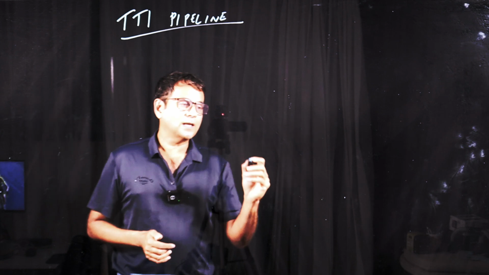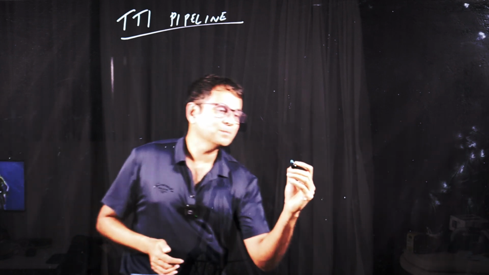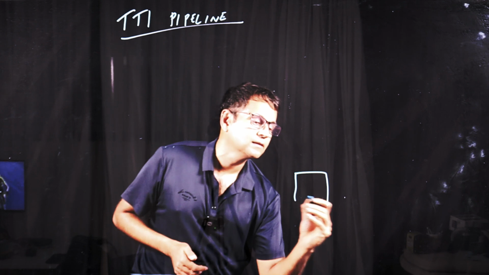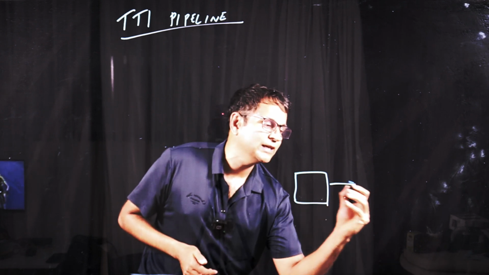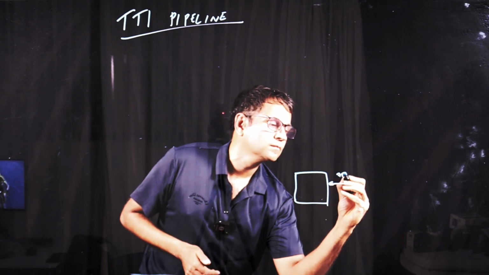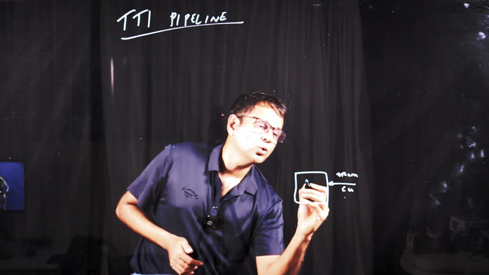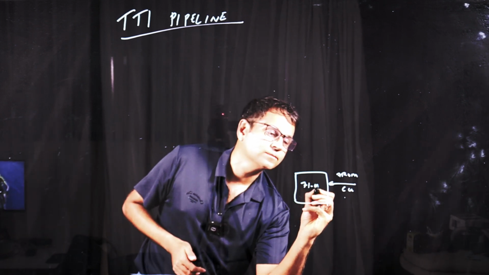So the downlink packet comes from the CU into the F1U module.